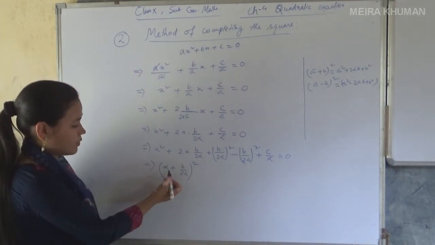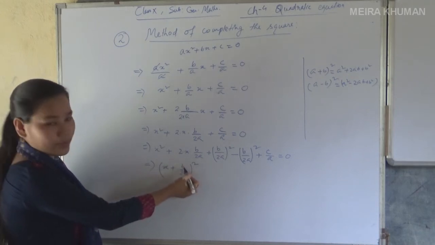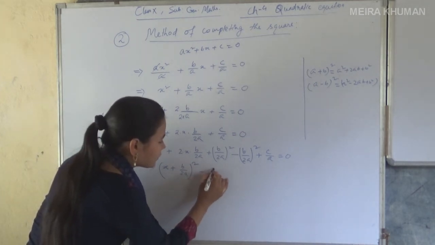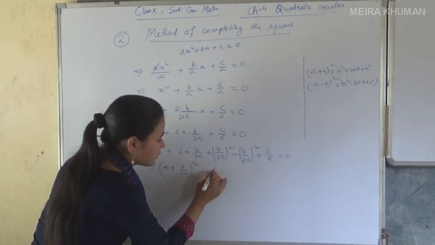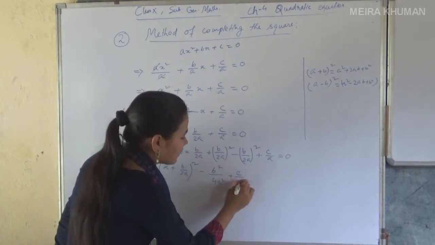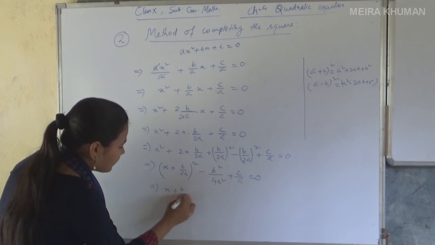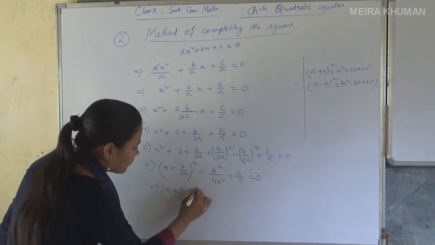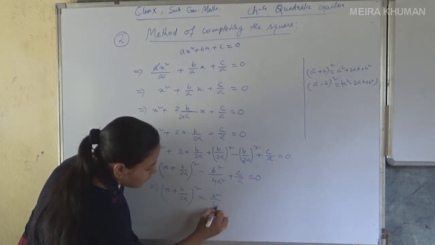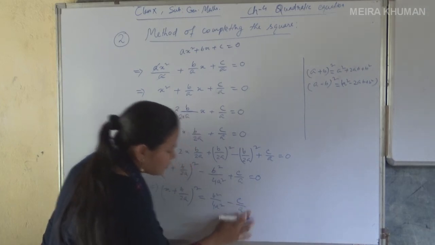If you square it, x² plus 2 times x times b by 2a, plus the b² term, (b/2a) whole square, means b² by 4a², plus c by a equal to 0. Then (x + b/2a) whole square equals, if you transform to this side, b² by 4a² minus c by a.